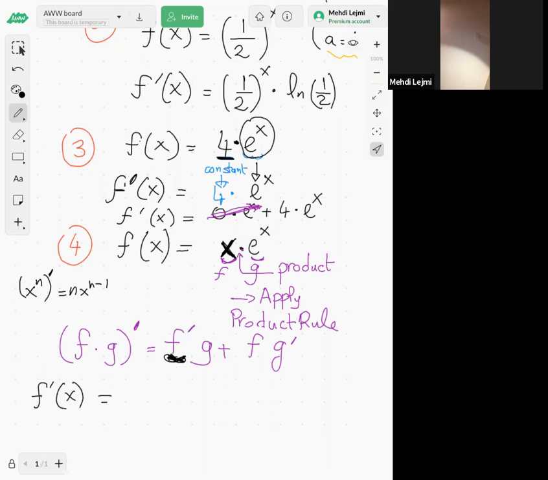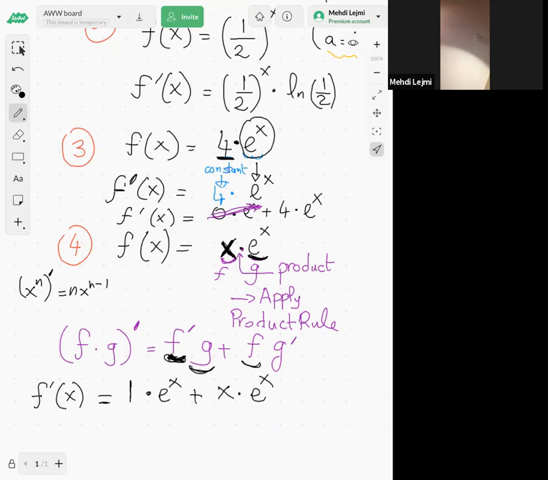So the derivative of x is 1, times the second function, which is e to the x. So 1 times e to the x, plus the first function, x, times the derivative of the second function. The derivative of e to the x is just e to the x, so that's x times e to the x.